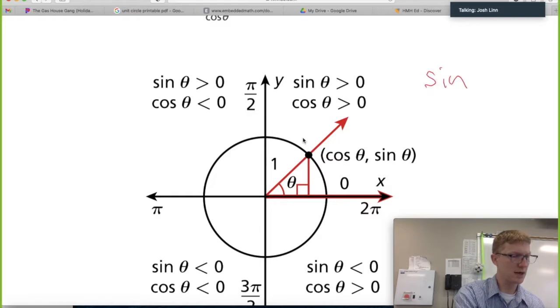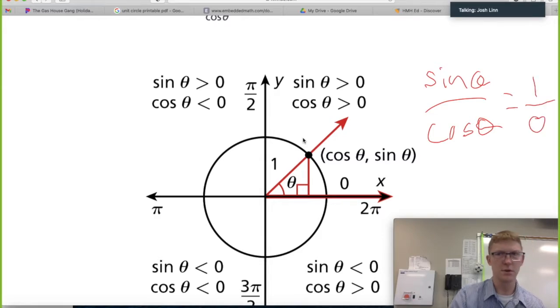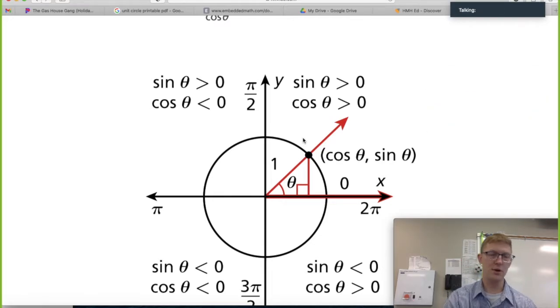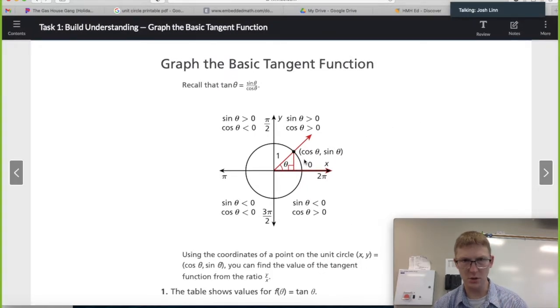Our sine is going to equal 1, and then our cosine at that point is going to equal 0. That seems bad. You obviously can't have a 0 underneath a fraction. So what's going on here?